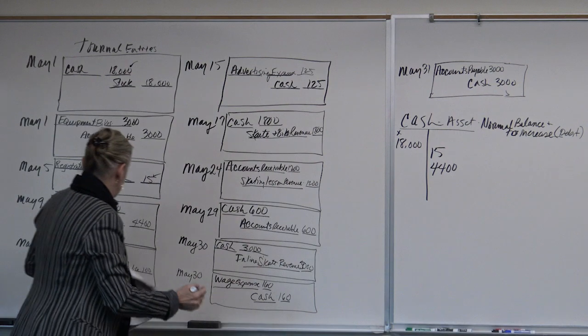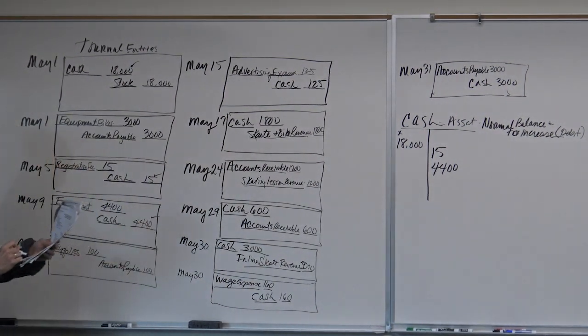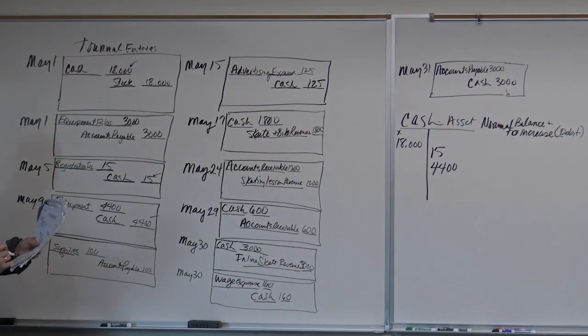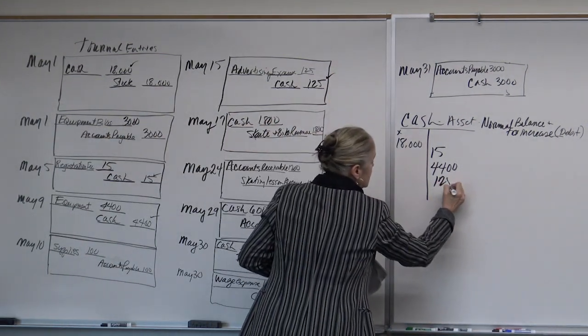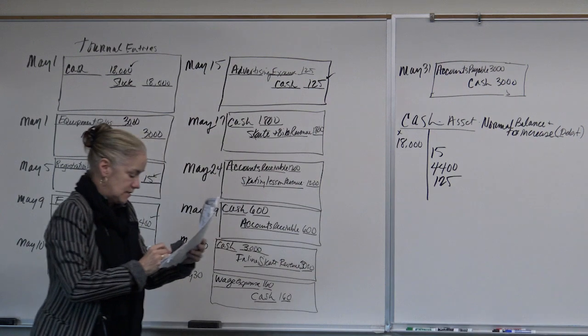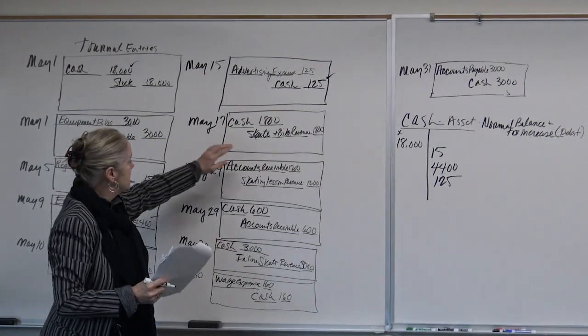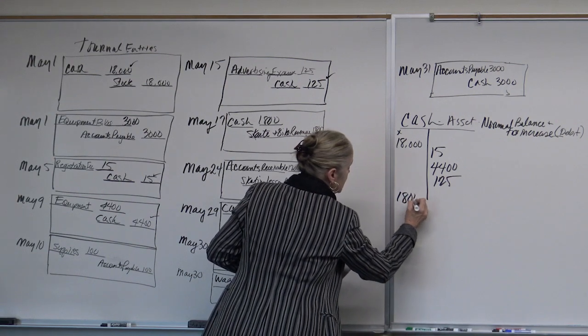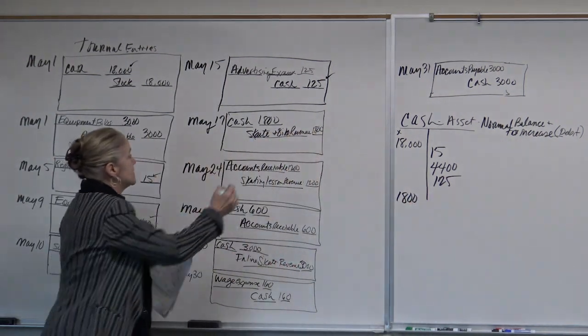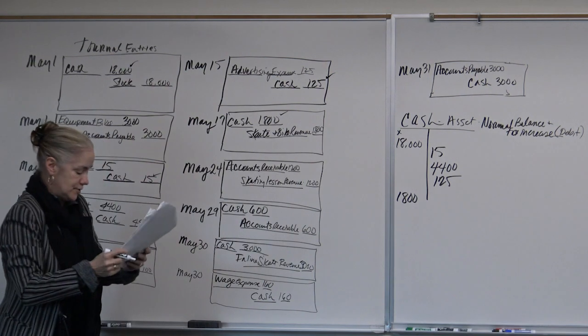Okay, that takes care of this entry. And we also have $125 credited to cash here for the advertising expense. And we have an increase in cash, $1,800. That's going to be on the debit side for revenue. It's going to take care of this calculation.